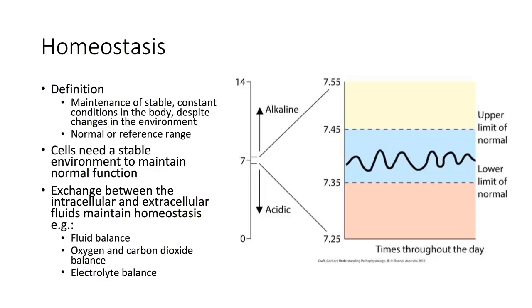We know that if the pH ends up too high, then the blood is actually alkaline. We know if the pH gets too low, the blood is actually acidic. And if you remember from your level 1 science, acids actually denature proteins, so they cook proteins. So we really don't want the blood becoming acidic. But just a word around normal ranges and these values that we have.